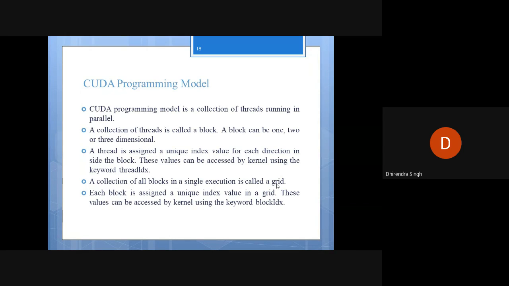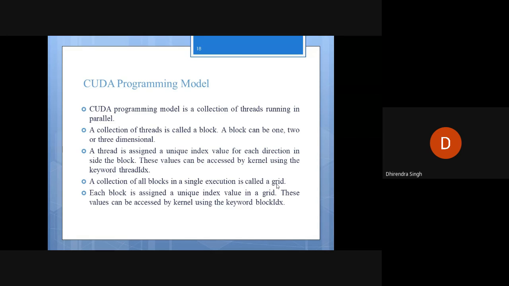Suppose you have created a block where the threads are arranged in a two-dimensional way. All these things are logical concepts now, the logical concept of thread arrangement. Inside that block, every thread will have two unique IDs, very much similar to a matrix, where every value has two references, one for the x direction and one for the y direction.